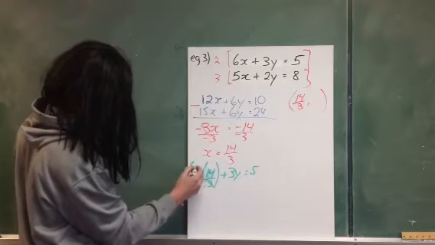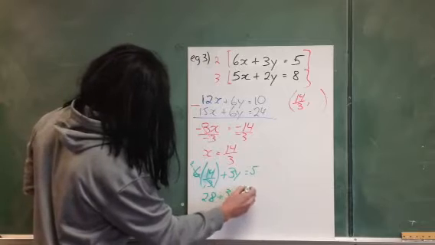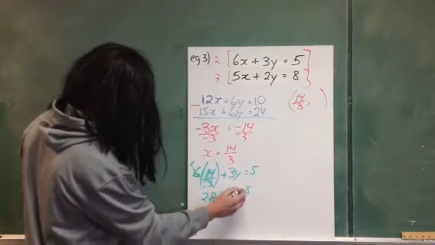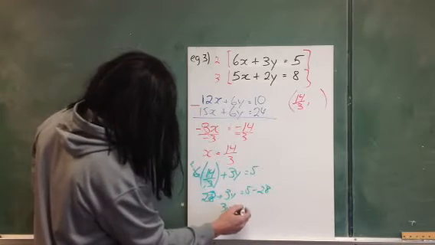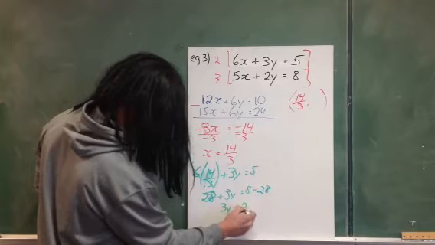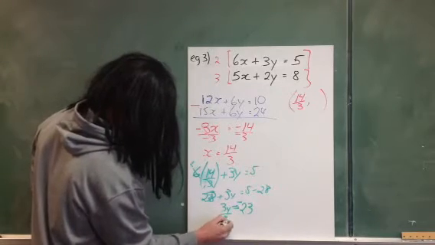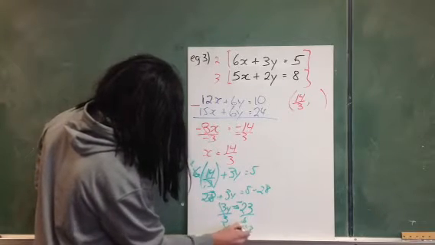That's 2 and 1. That's 28 plus 3y's equals 5. So now that's 3y's equals, bring the 28 over as minus 28, and I get negative 23. Divide that by 3, and I get y equals negative 23 thirds.